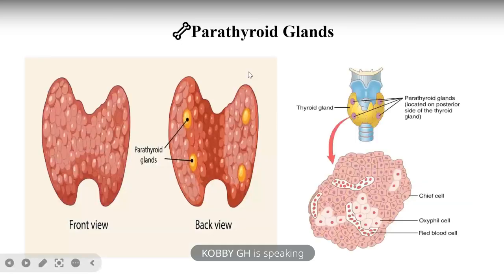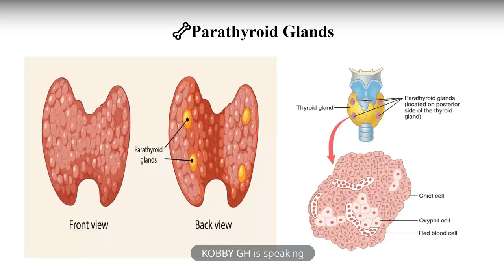You see, there's the parathyroid gland. These glands are actually at the back. This is how the thyroid gland looks, the front view of the thyroid gland. Now, behind the thyroid gland, that's where the parathyroid glands are.